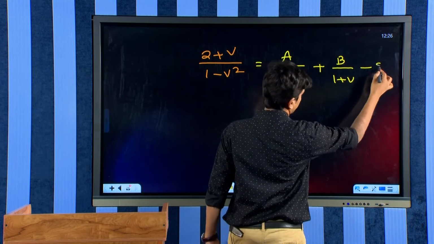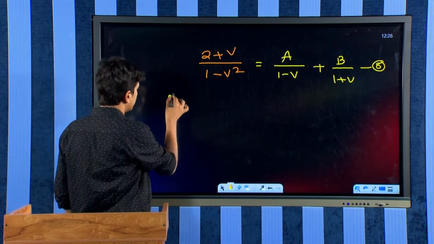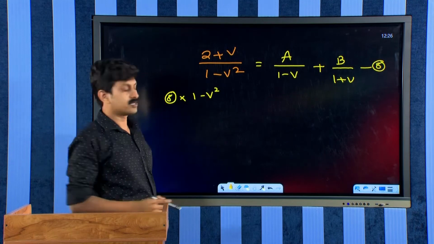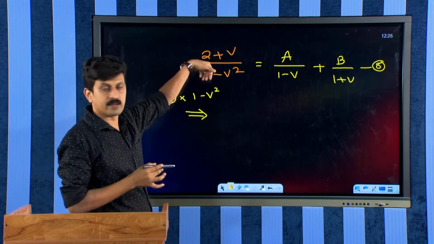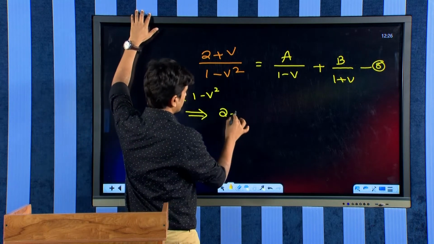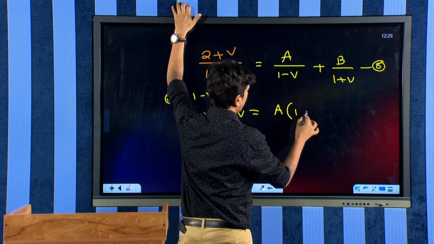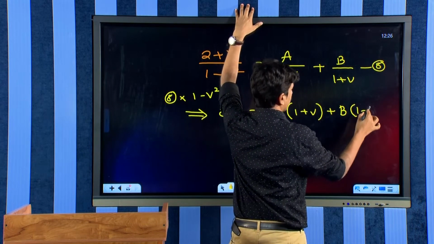So, I would like to take this as equation number 8. Just multiply both sides of 8 with 1 minus v square. Therefore, in the left hand side, 2 plus v only is there. In the right hand side, we will have a into 1 plus v plus b into 1 minus v.